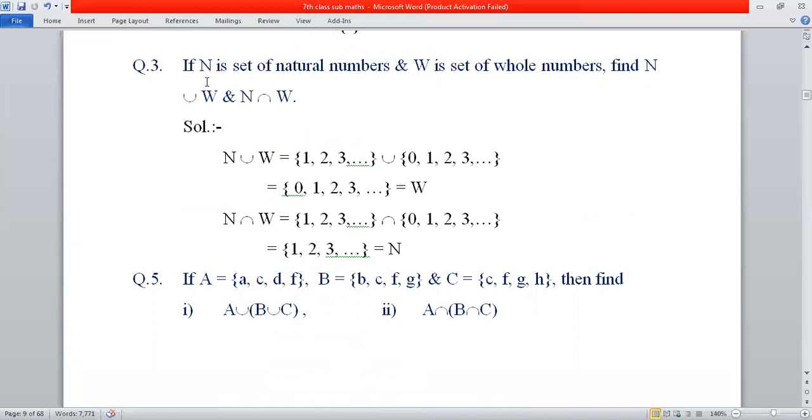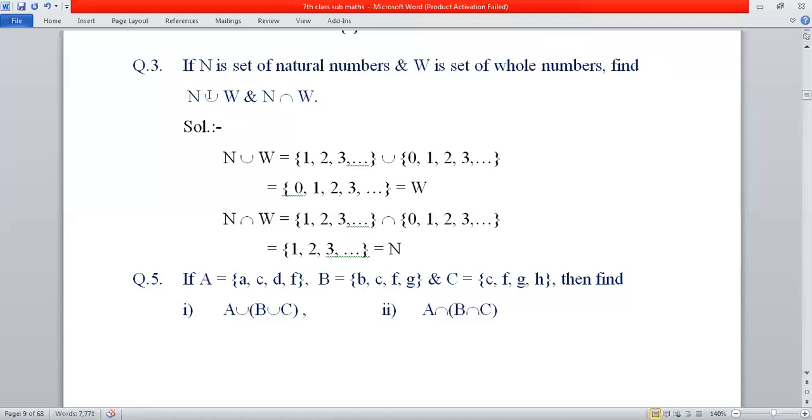Okay, in this question, what is the requirement? If N is the set of natural numbers and W is the set of whole numbers, find N union W and N intersection W. It means you have to find both operations which we studied in the first and second questions.